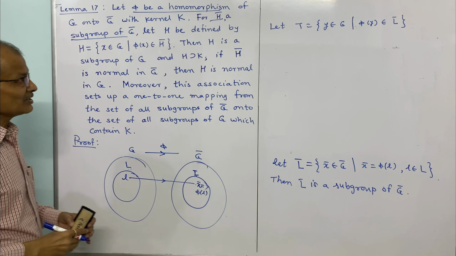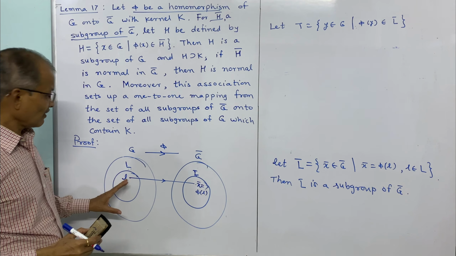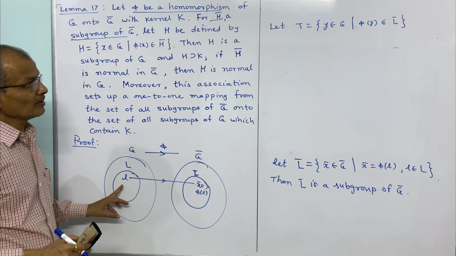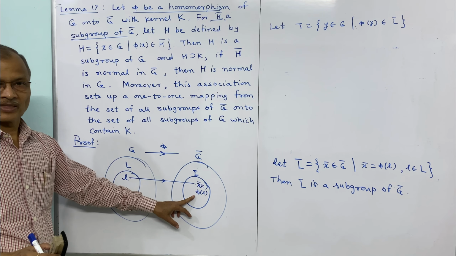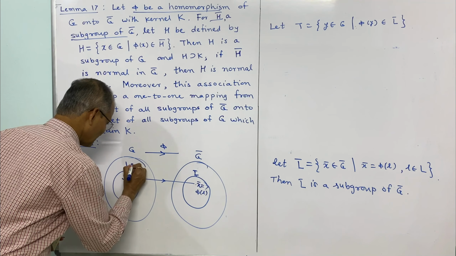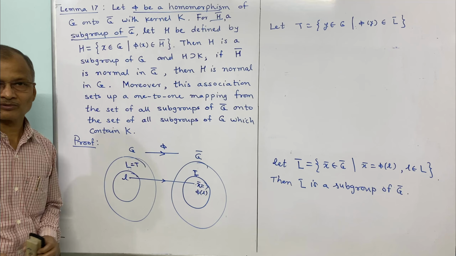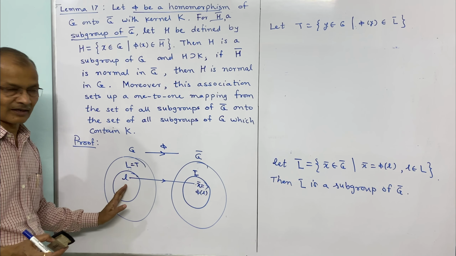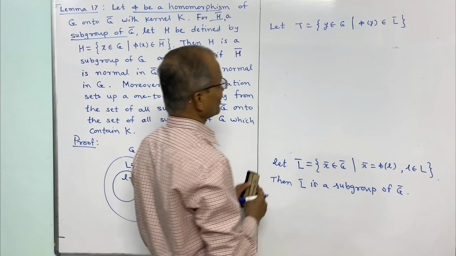That means T is the set of all elements in G whose phi image is in L bar. We want to show that L equals T, meaning the inverse image of L bar is exactly L.